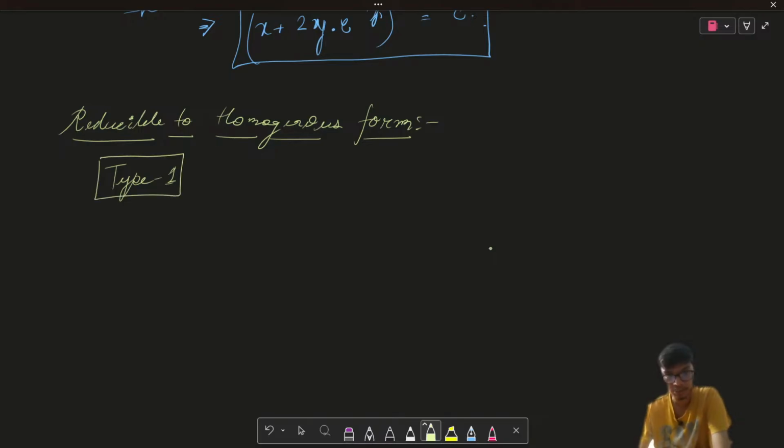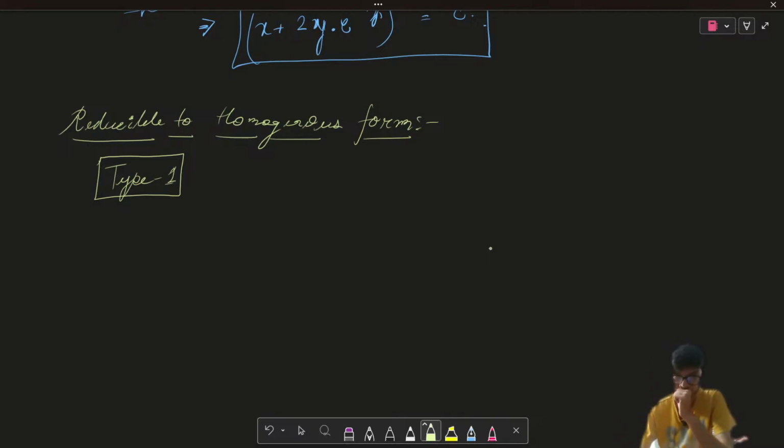So let us discuss type 1. In type 1, many times the differential equation specified may not be homogeneous, but some suitable manipulation is required to reduce it to a homogeneous form. Generally, such an equation involves a rational expression.